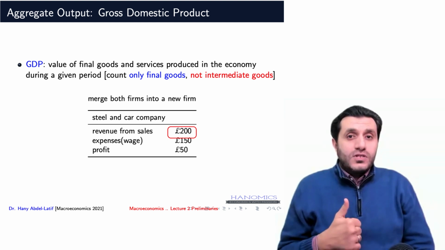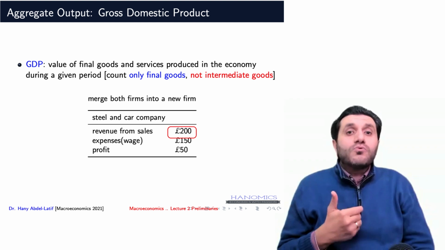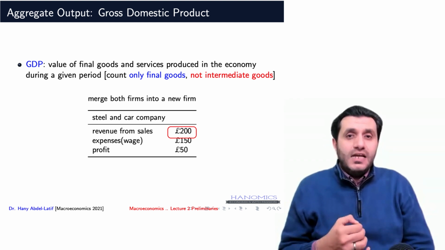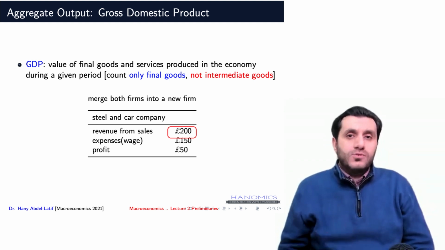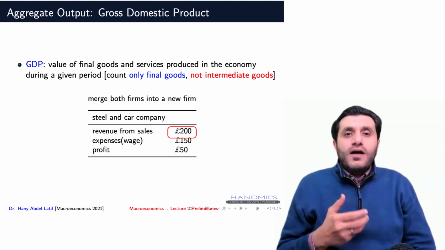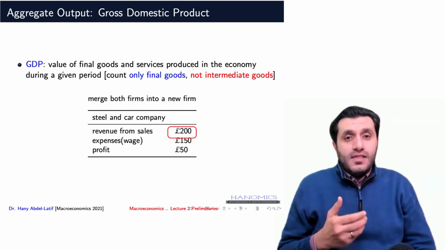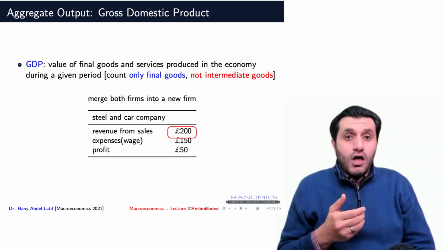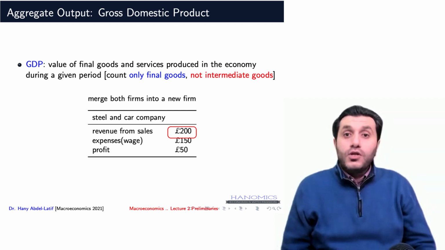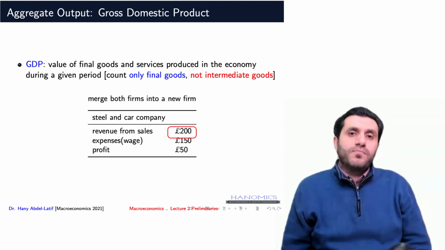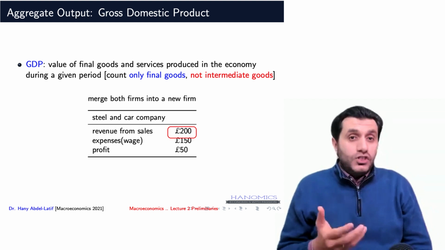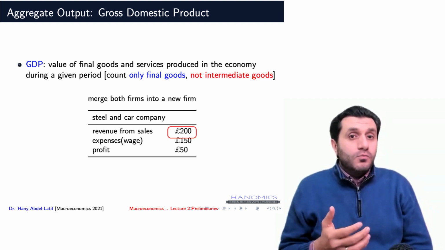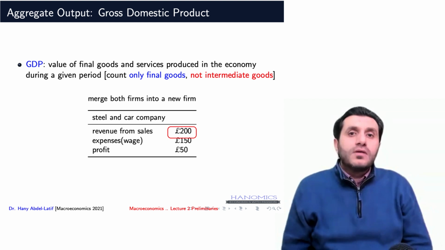The value of these cars, the £200, already includes steel bought for £100. So in total, the value of all final products in this hypothetical economy is £200, not £300. That is the GDP in this economy, which is £200.